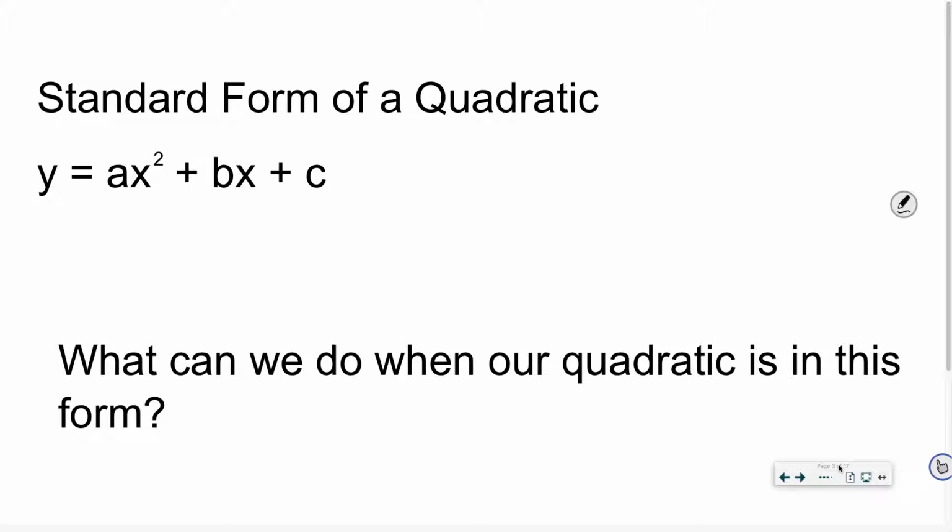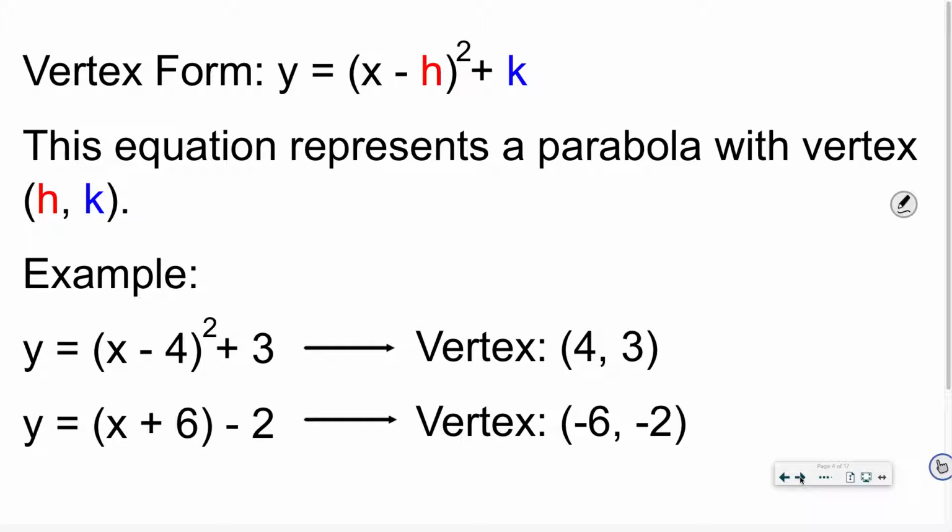What else could I identify just by looking at it in this format? Yeah, like if it goes up or down. Good. What could I find, but with a calculation? Okay, so I could solve and get the x-intercept. What else could I find with a calculation? Yeah, we could find the axis of symmetry, and then if I found the axis of symmetry, what could I find? The vertex. Good.